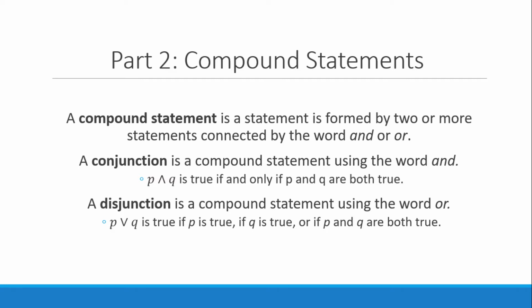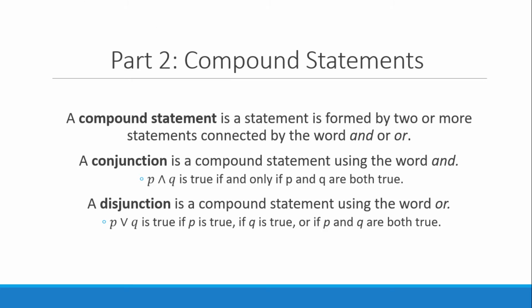Now conjunction is basically the statement and. So if you see that little P and it looks like a hill, P and Q is true if and only if P and Q are true at the same time. Disjunction is the word or. It means P or Q is true.